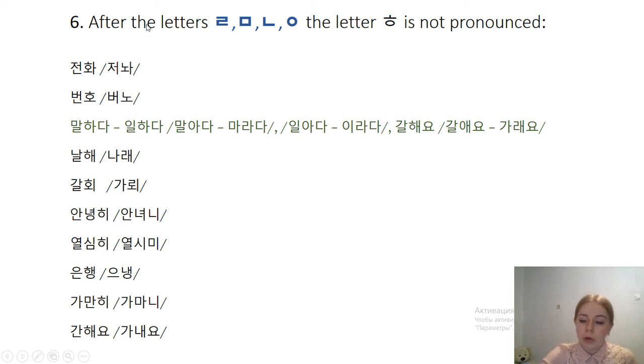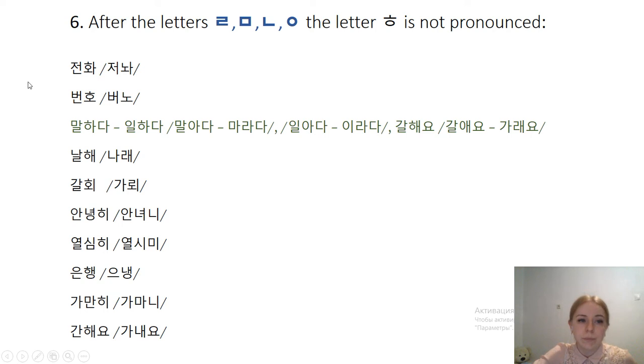There are two rules, the 6th and the 7th, and it's the rule about l, m, n, and n. r, m, n, sounds, and if we see the letter h after them, in this case the letter h is not pronounced. Okay, for example, you see m, n, l.